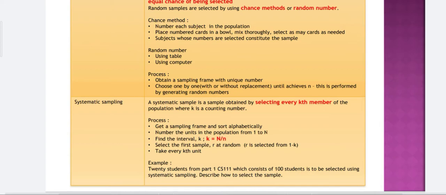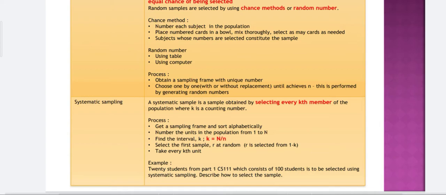So nak select sample, first of all select the first sample, R at random. Okay, so the first sample should be select from 1 to 5. Contohnya tadi kan kita punya k adalah 5. Select satu random number R tu, select the first sample, dinamakan R. First sample you nak select, you can select daripada nombor 1 sehingga nombor 5.